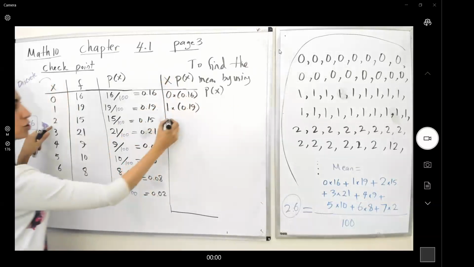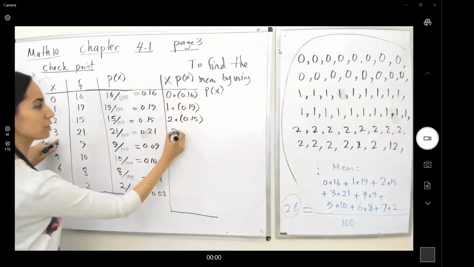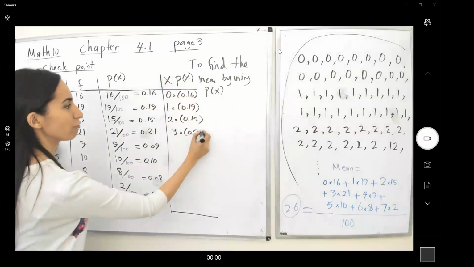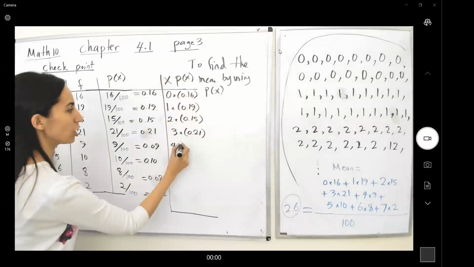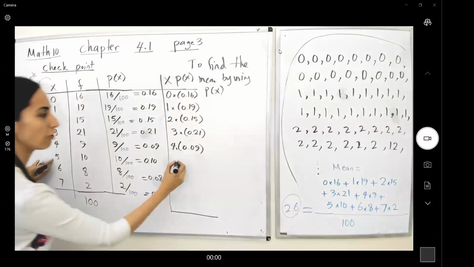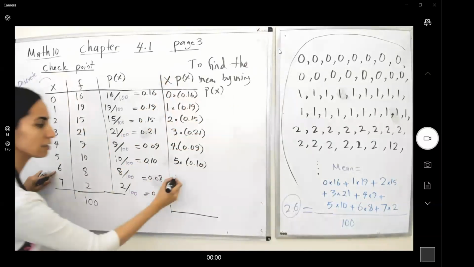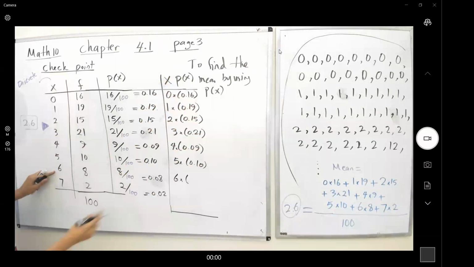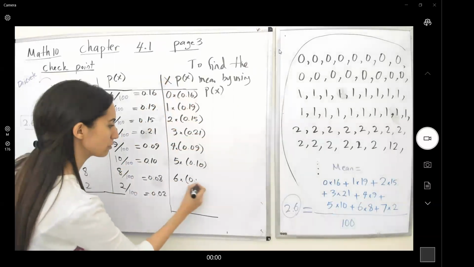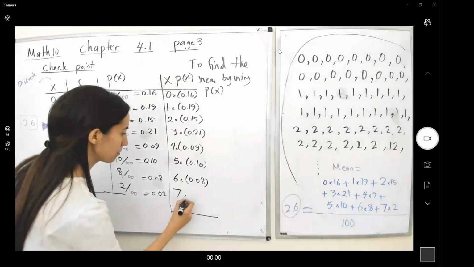Here you have 2 times 15%, 3 times 21%, 4 times 9%, 5 times 10%, 6 times 8%, and finally 7 times 2%.